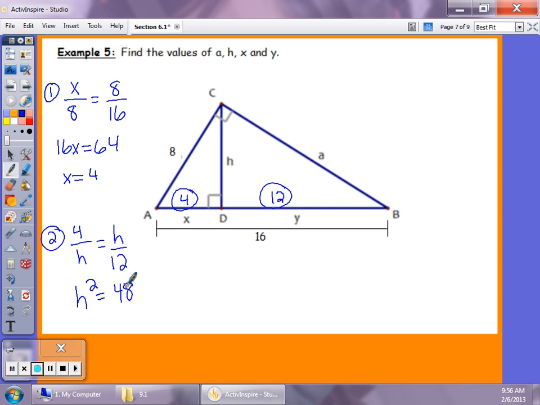And when you square both sides, h is going to equal root 48. Always look for those perfect squares. So in 48, the perfect square of 16 is there. So 16 times 3. So the height, altitude, or geometric mean of this triangle is going to be equal to 4 root 3.